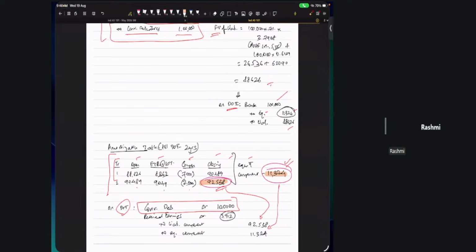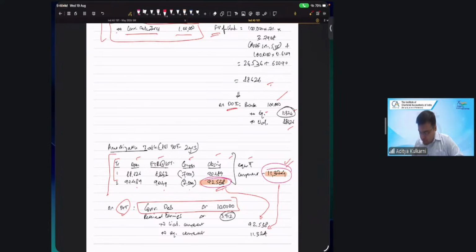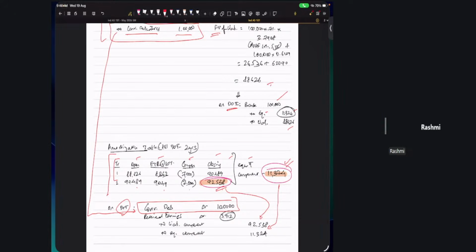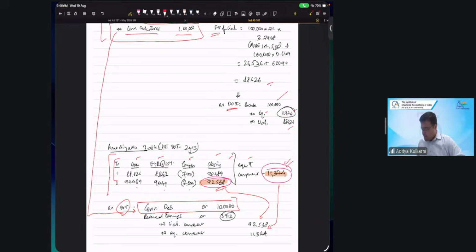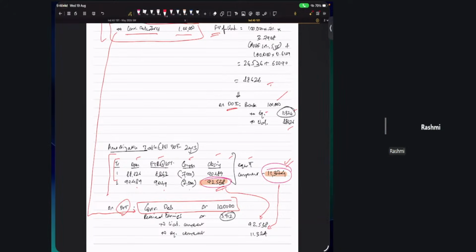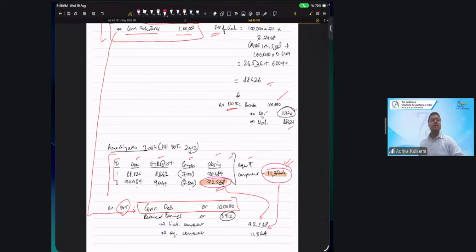So therefore, I have to remove this convertible debentures. So convertible debentures debit 1 lakh, credit liability component 92,538, credit equity component 11,374. This entry doesn't match, so obviously the difference will go to retained earnings.